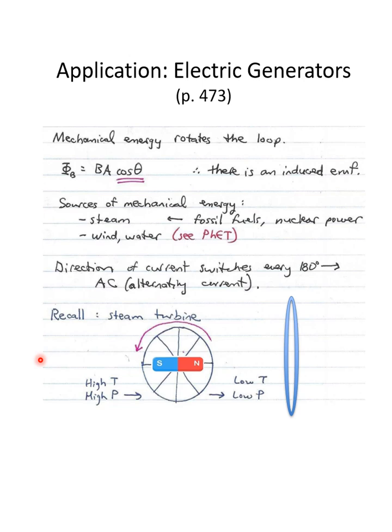And now I've drawn a loop over to the side, and that loop is going to be connected to a circuit that ultimately brings this electricity to cities and houses and buildings. But in this simple picture, you can see as that magnet rotates, you're going to get a continuously changing flux through the loop, and that's going to lead to alternating current.